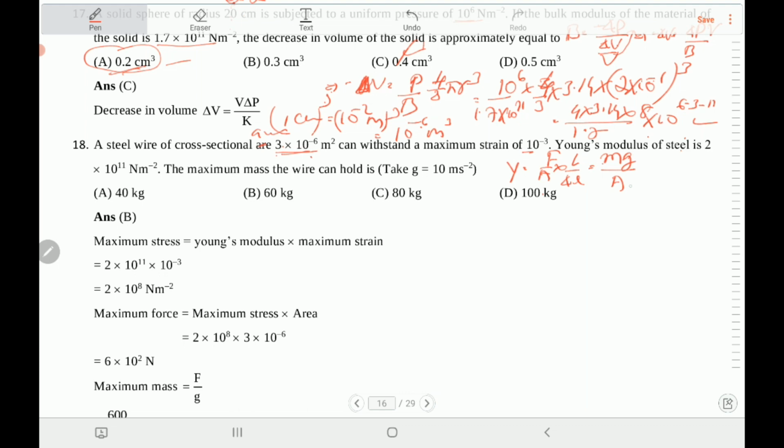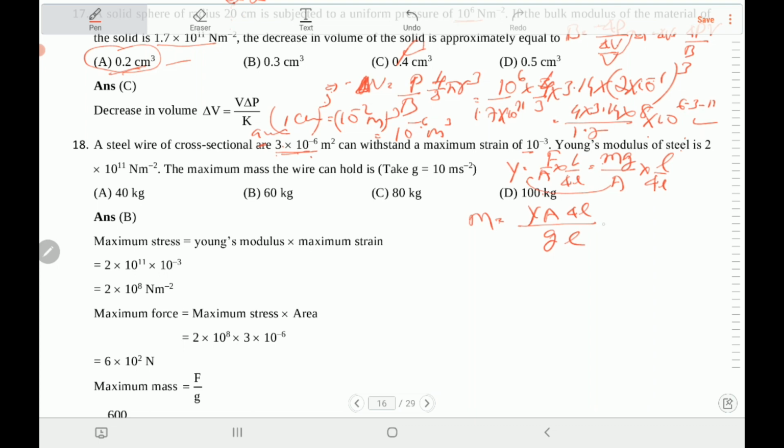Area is given, and L by delta L. So you have to solve for m. If you solve for m, you bring this to the left side, Y into A into L divided by m. G and L come to the denominator.